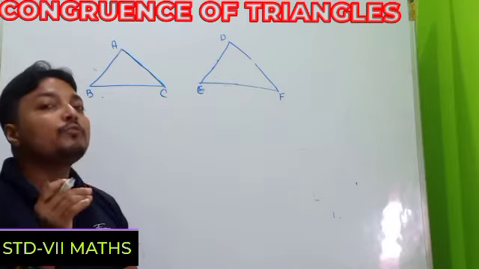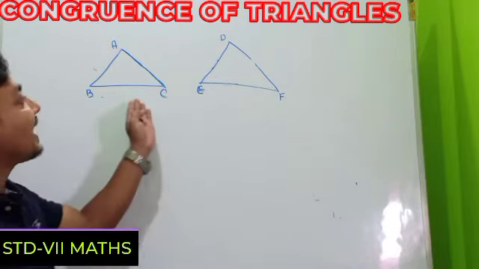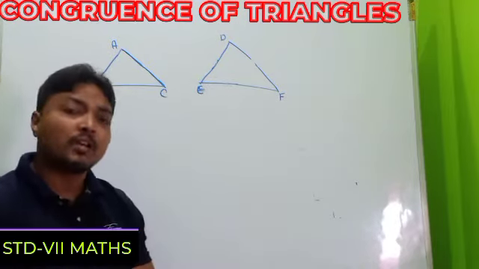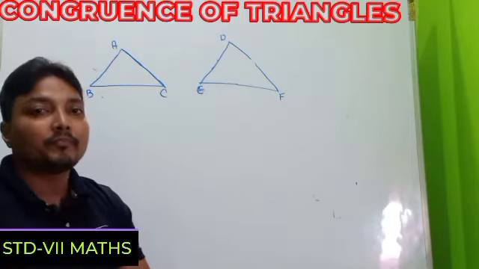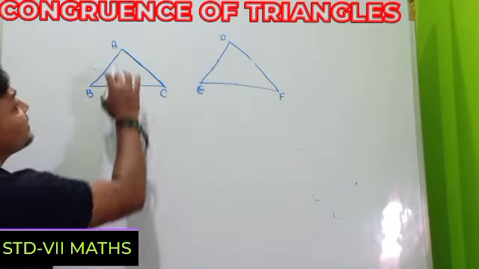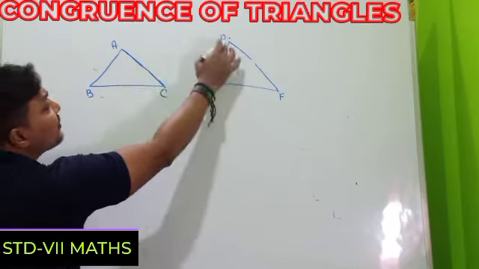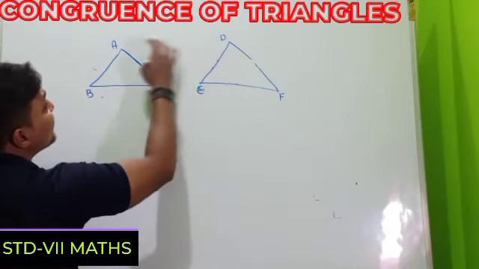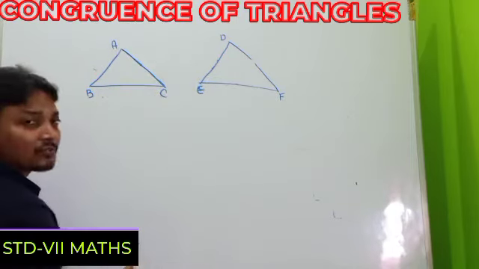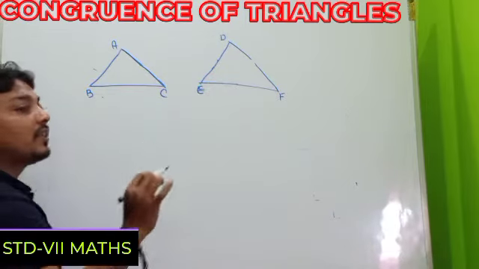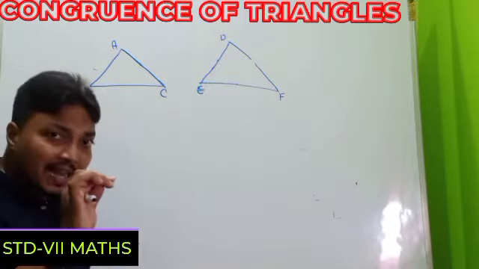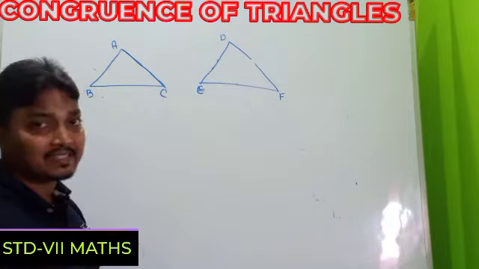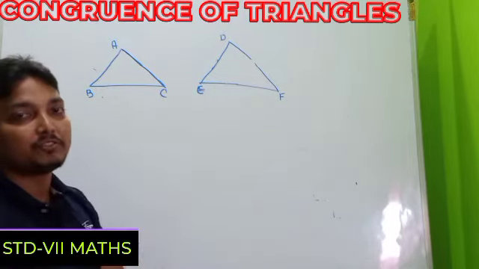One may say to you just like this, both the triangles are congruent. But the important thing is which vertex is matching with which one. Either this one is matching with this one, otherwise this one will be matching with this one.